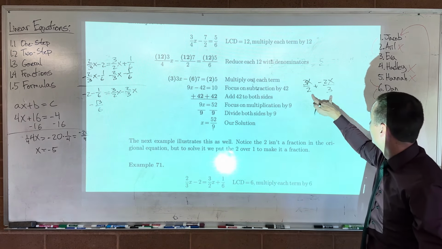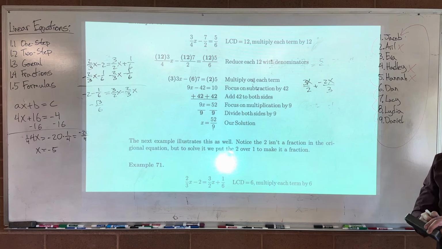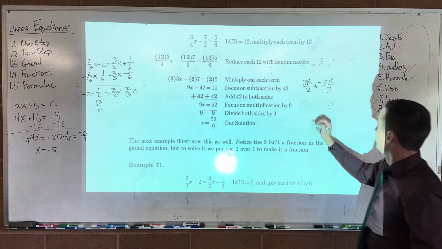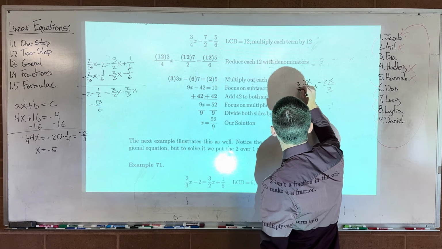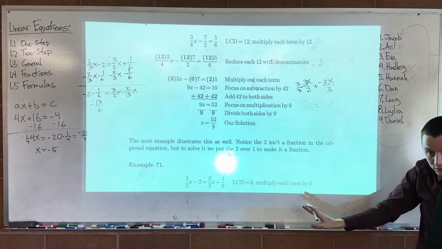Now you can just get your common denominator the way you know and love. Common denominator is 6. So what do I need to multiply this by top and bottom? We take this one and multiply it by 3 over 3. We're multiplying it by 1, so that doesn't change the number.